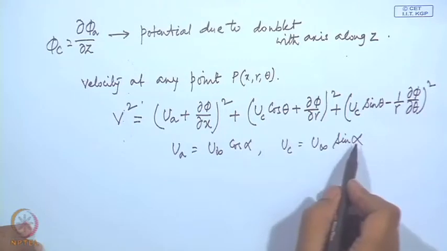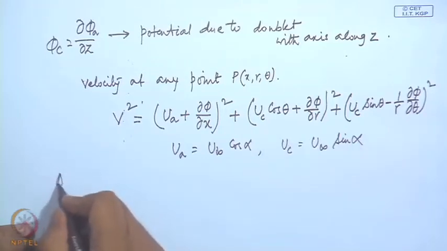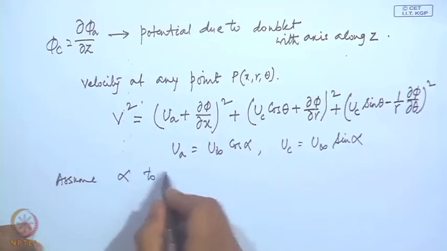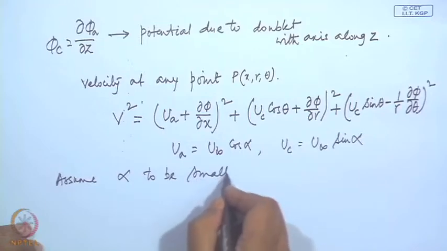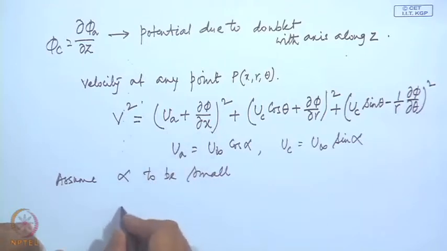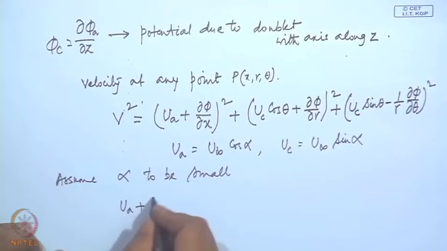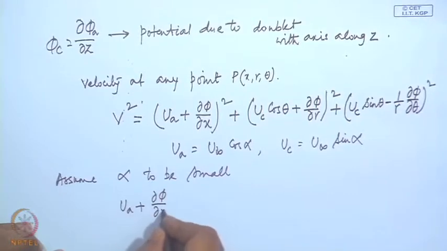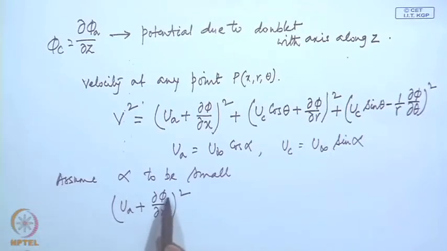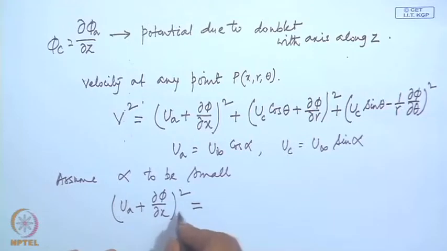Now, we will make an assumption that alpha is small, and consequently, term wise, let us say u a plus d phi dx. We have not yet split it in two parts, that is axial and cross flow potential, but anyway we will subsequently do it. And let us say we are interested in the body, that is on the surface.